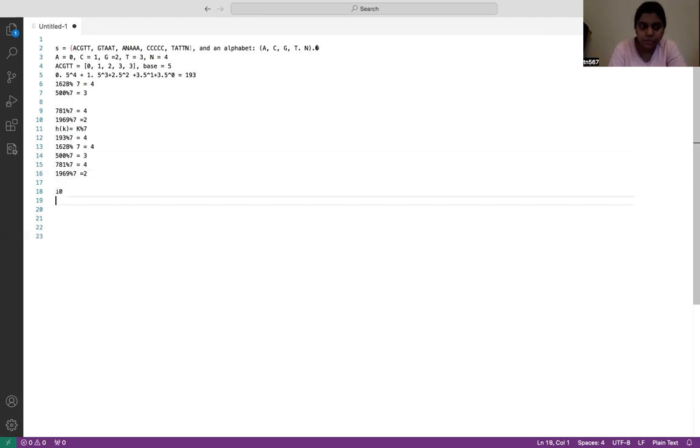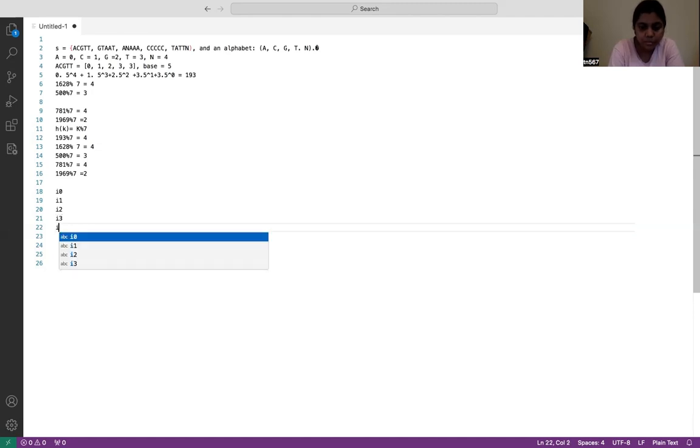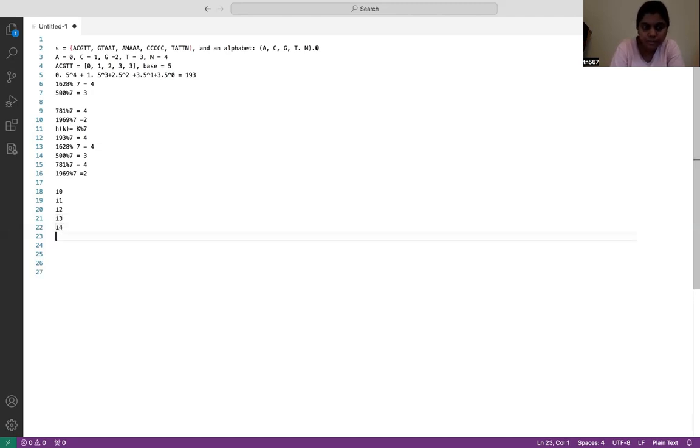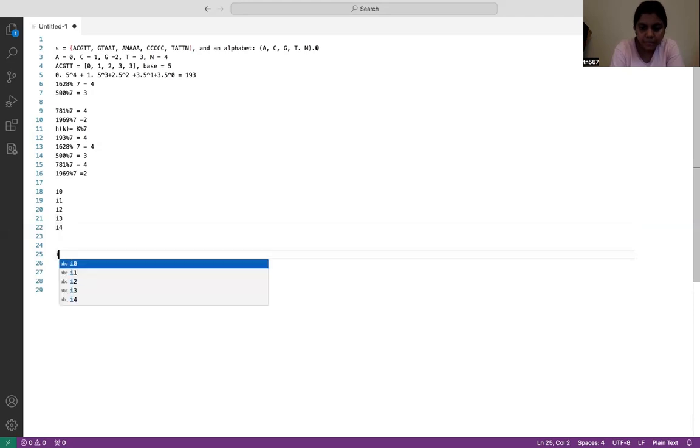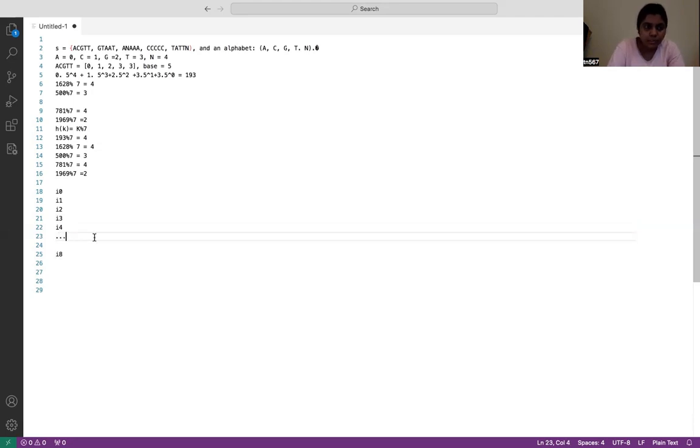We are going to start indexing with 0, i1, i2, i3, i4, and so on, up to i8, since the hash table is of size 9. Here the elements are placed in lists since we are using the chaining technique.